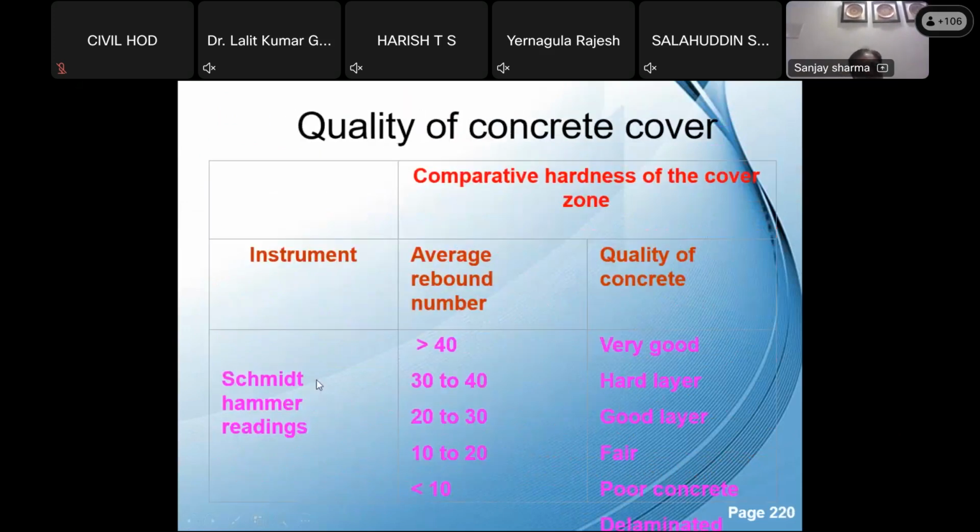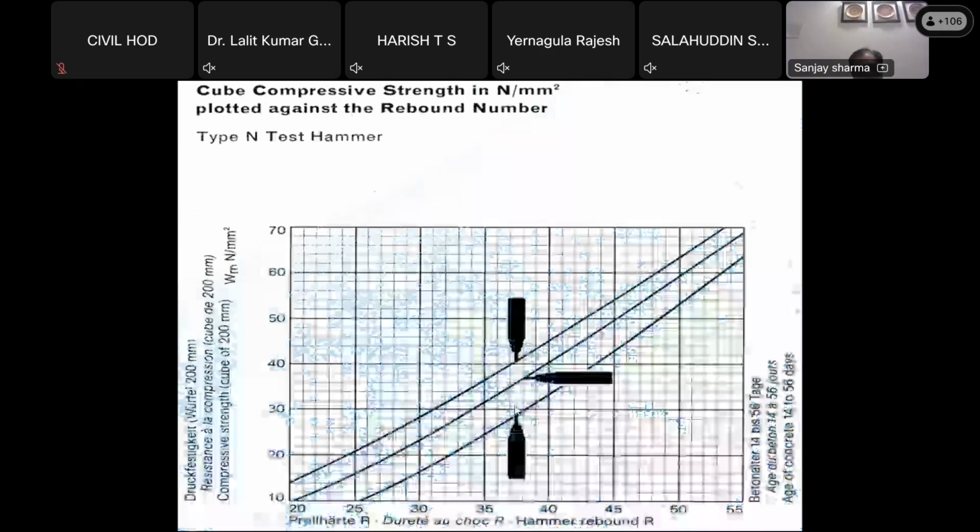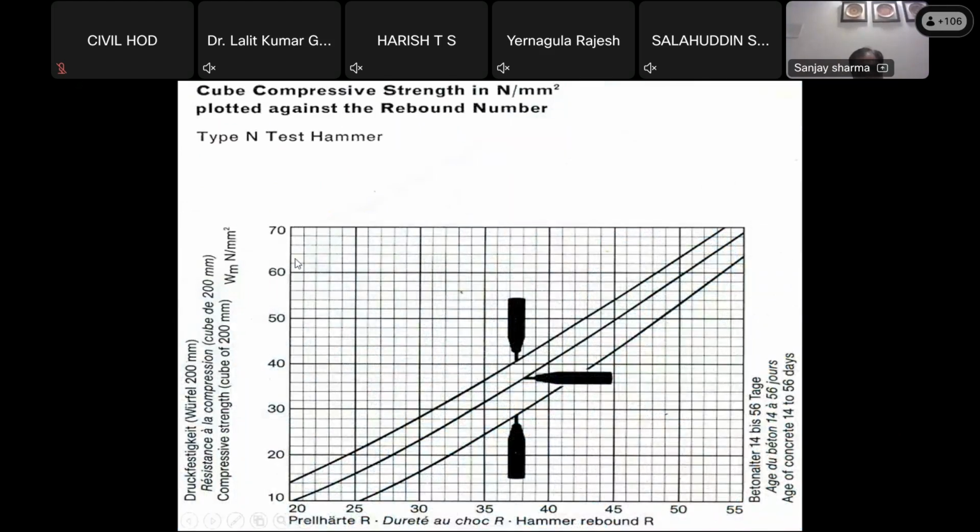Here a very simple thing we are using is for prediction of the quality or strength of the concrete. This is the generally ready-to-use graph. But if we have an AI model, we can further reduce whatever discrepancy there may be when using this graph.